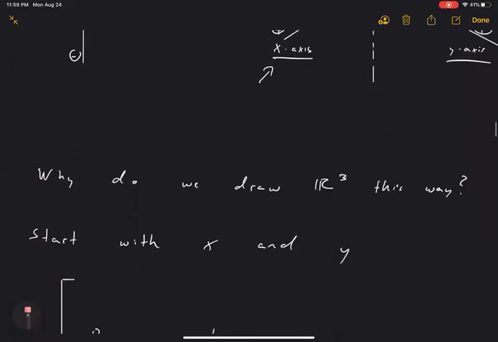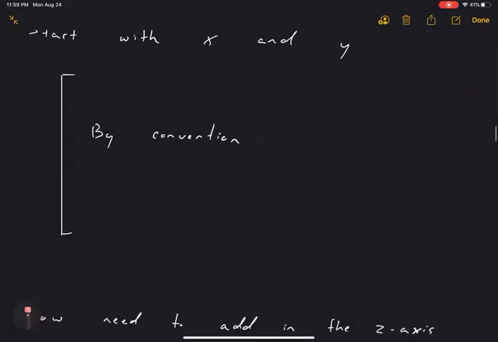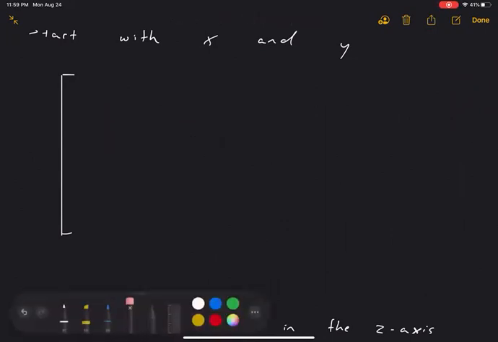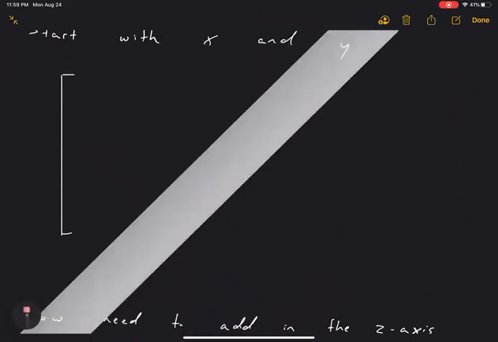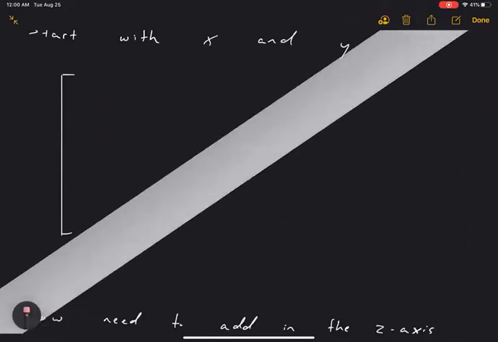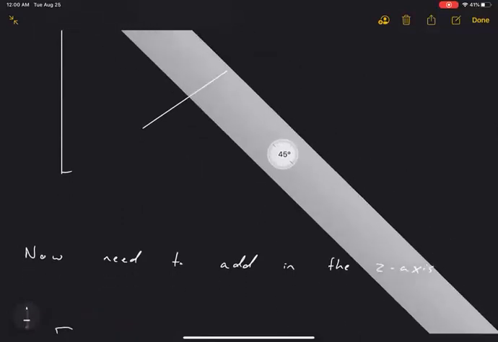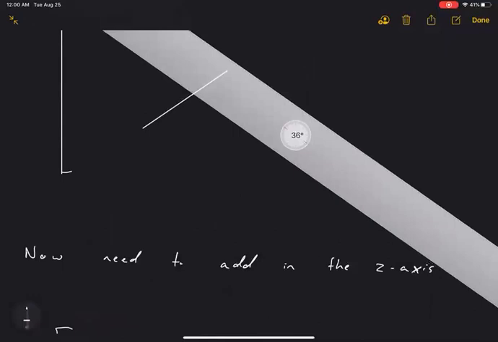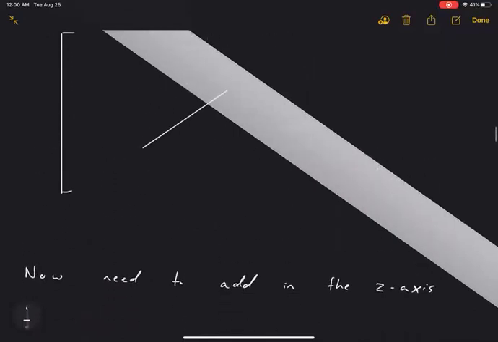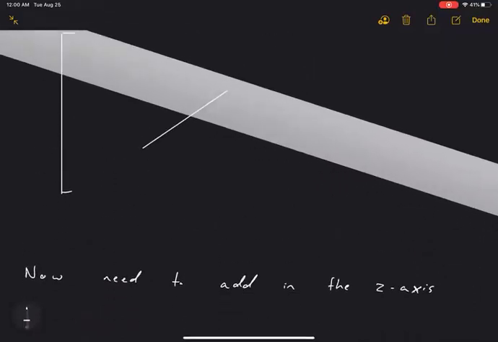Let's address that real quick. By convention, just meaning basically just because, we draw the x and y axes like this.